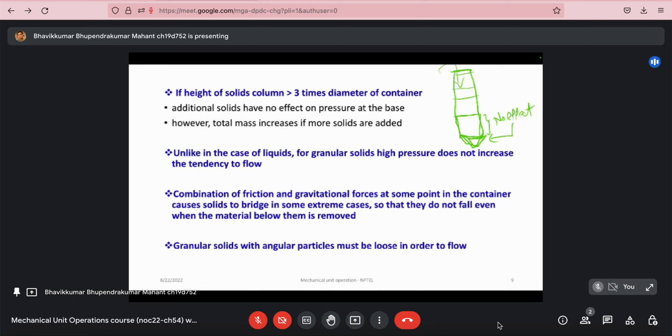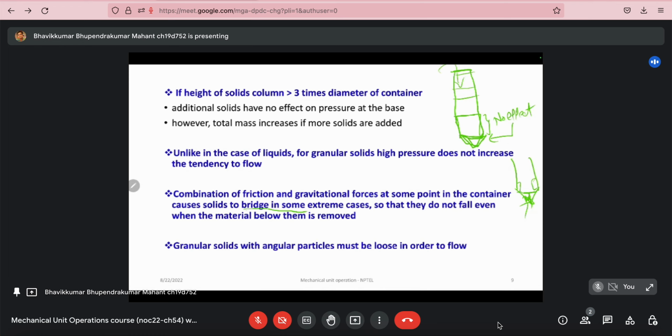It can cause solids to freeze or stagnate in some extreme cases. Suppose some material has formed a bridge or got stuck here. Even if you remove the material below it, it remains stuck.